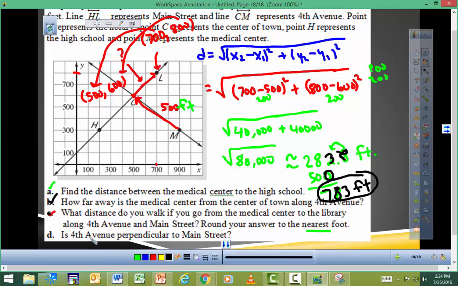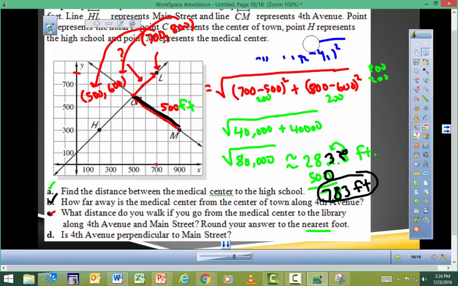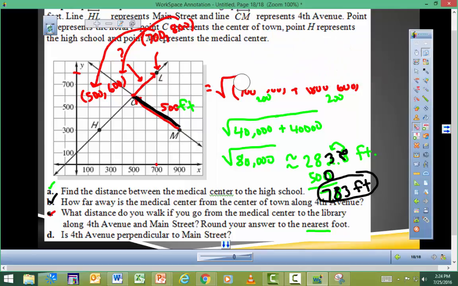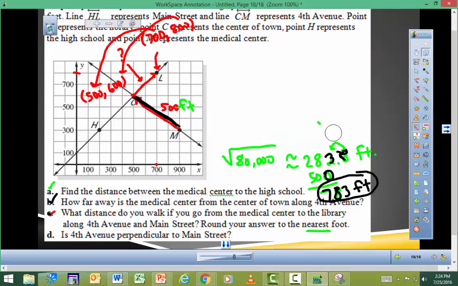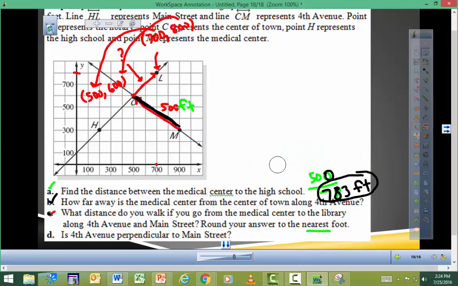Now, here's a question. One of the things we might have been wondering is, is this the shortest distance? Well, that's what part D is about. We're trying to figure out, this will turn out to be the shortest distance if those two lines are perpendicular. Remember, the shortest distance is always the perpendicular path.